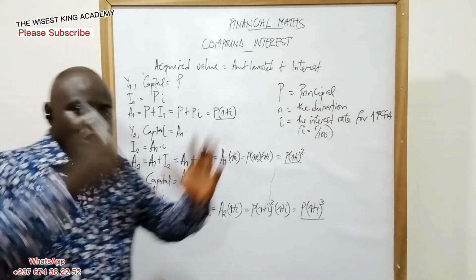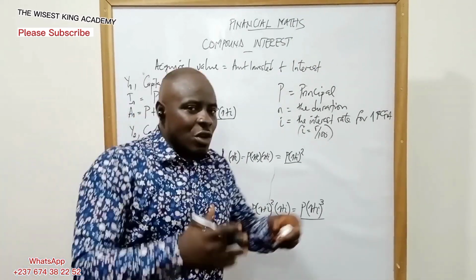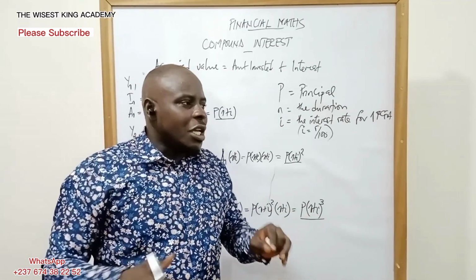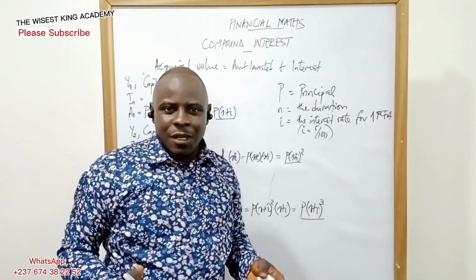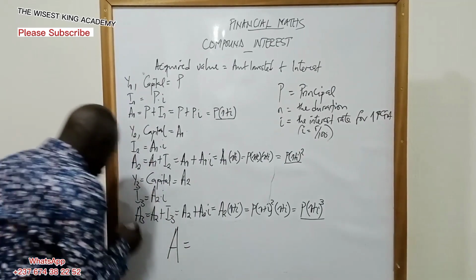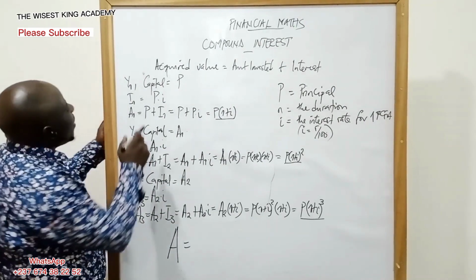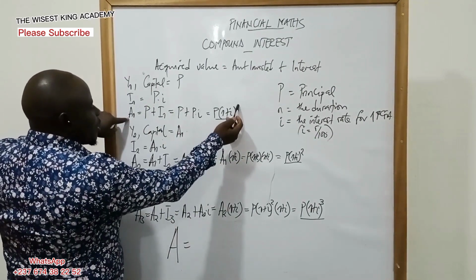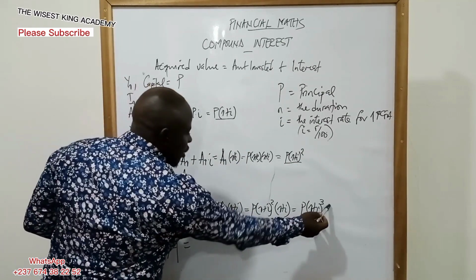Permit me to generalize the formula. The acquired value at the end of period N, the last period, is actually the acquired value of the entire investment. So let me write A to denote the acquired value at the end of period N. Remember, when we have A1, we have raised to the power 1, A2 raised to the power 2, A3 raised to the power 3.